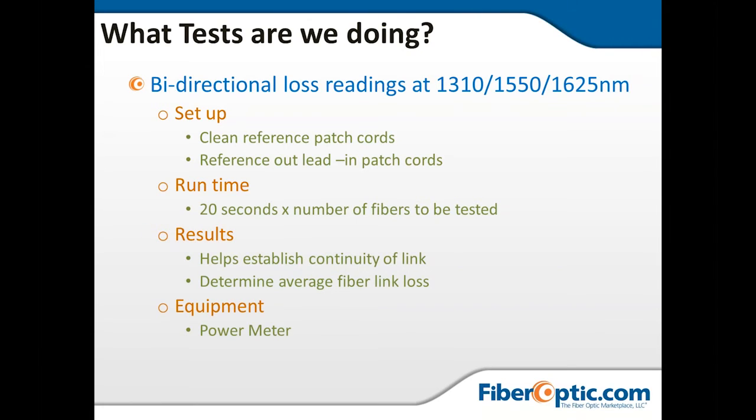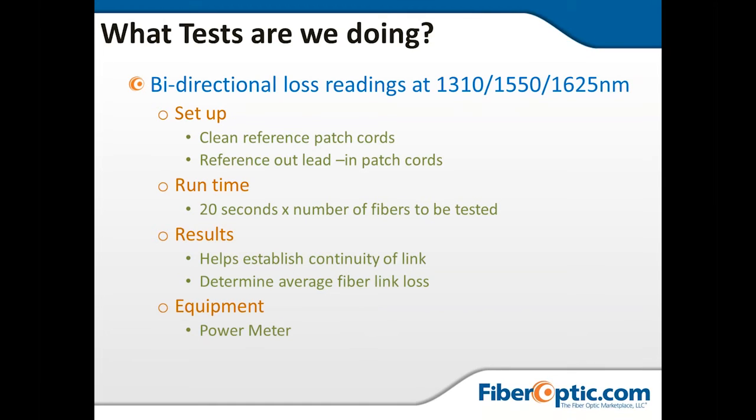So, first thing we're going to do after we've cleaned and inspected and cleaned some more and hooked up our connectors, is we're going to look at bidirectional loss. Our setup is going to involve cleaning the reference patch cords because we clean everything before we plug it in, right? We're going to reference out our test leads.